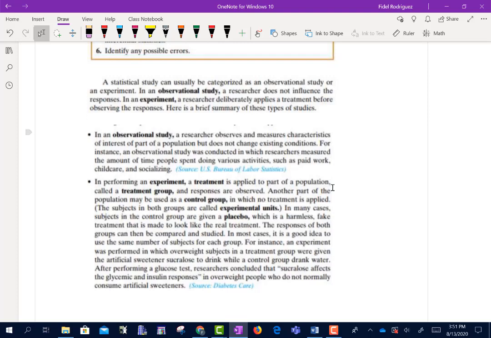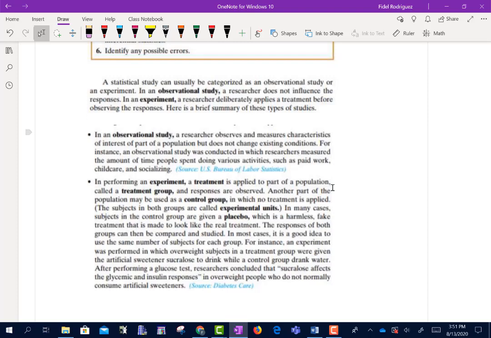The responses of both groups can be compared and studied. In most cases, it's a good idea to use the same number of subjects for each group. For instance, an experiment was performed in which overweight subjects in a treatment group were given the artificial sweetener sucralose to drink while the control group drank water.